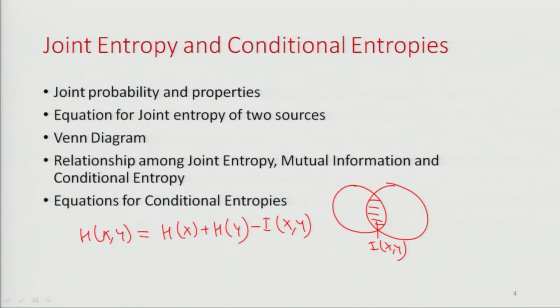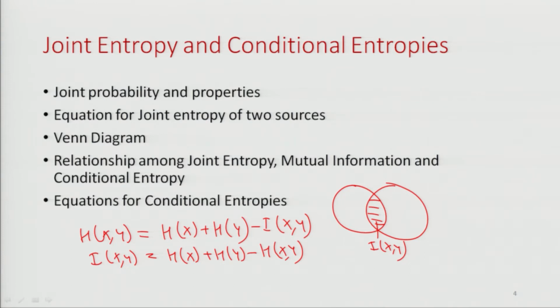This is also one equation, or the mutual information I(X;Y) can be given as H(X) plus H(Y) minus the joint entropy H(X,Y). These are some relationships between joint entropies, entropy, conditional entropies, mutual information, and so on.